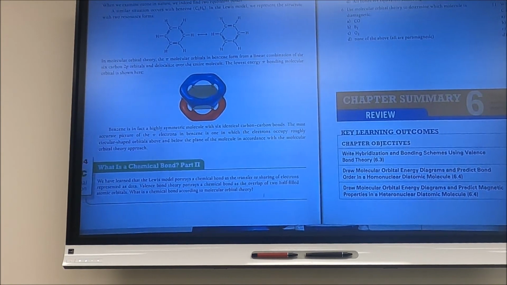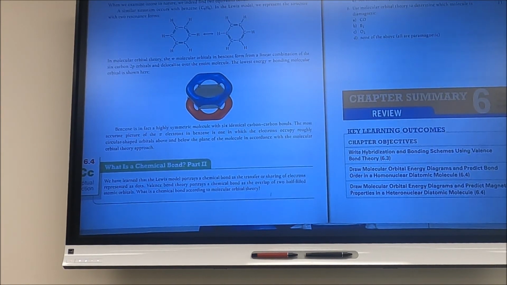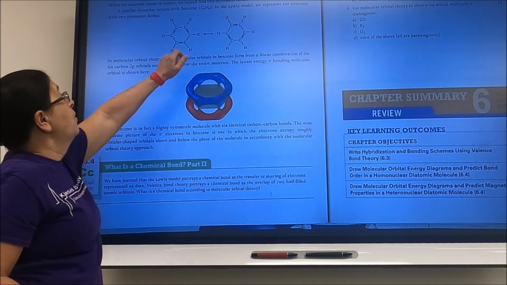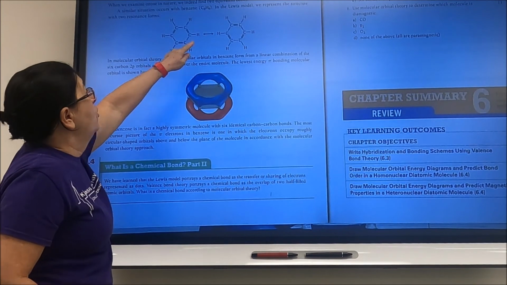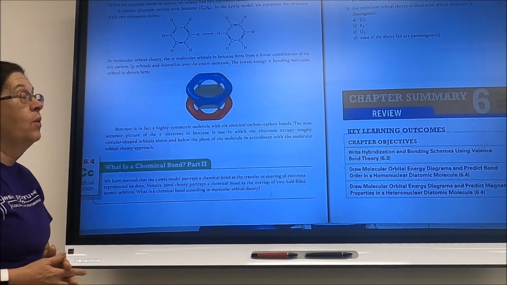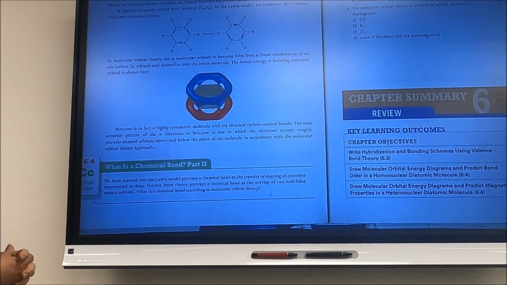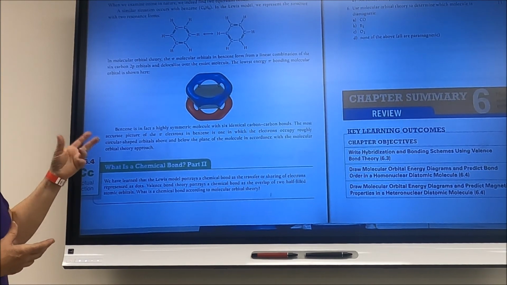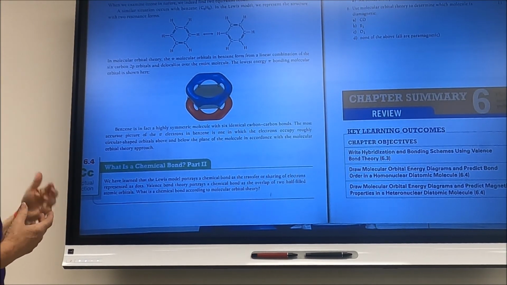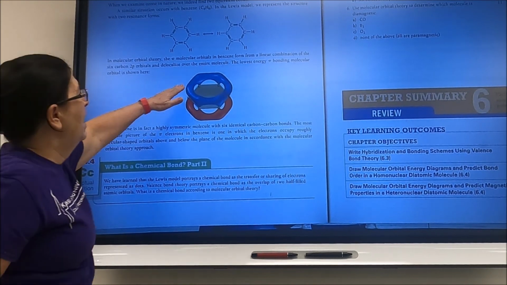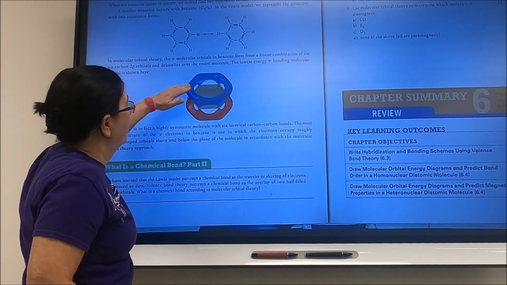If we look down here at benzene, C6H6, there are two different resonance structures. Okay? The only difference between these two is where we place the double bonds and where we place the single bonds. But when you go and you look at benzene, all of those carbon-carbon bonds are the same length and the same strength. And again, molecular orbital theory explains this very nicely.